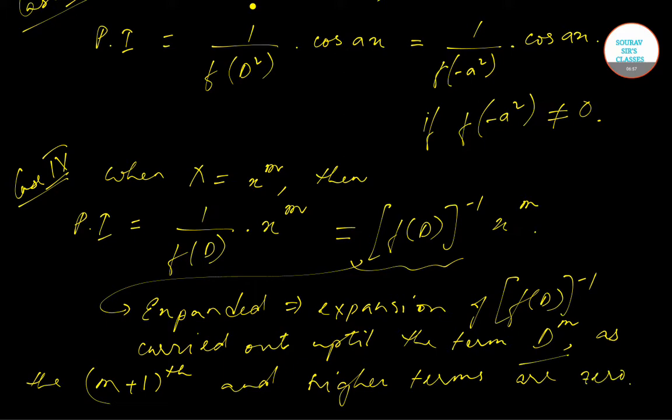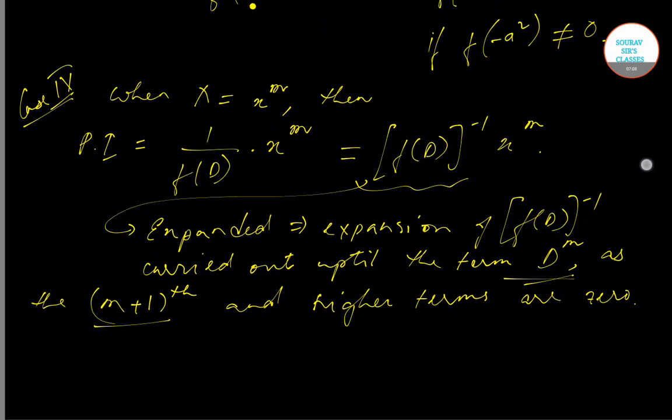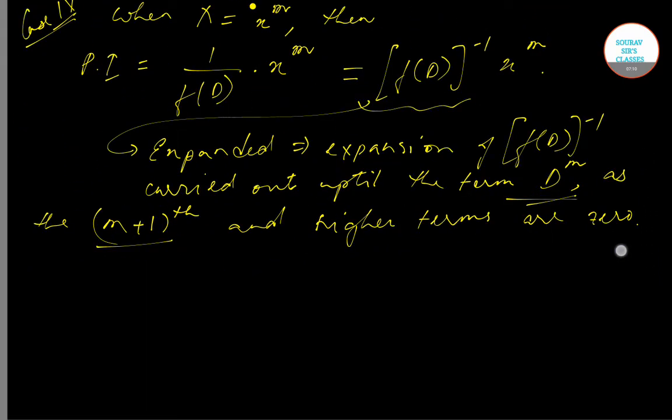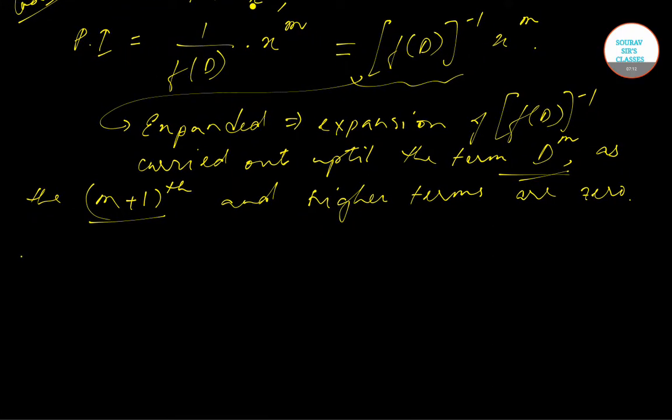So basically up to D^m it is existing, and D^(m+1) and higher derivatives of x^m are all 0. So we expand only up till D^m. This is the thing that one needs to be careful about.